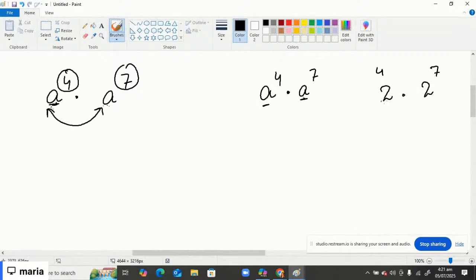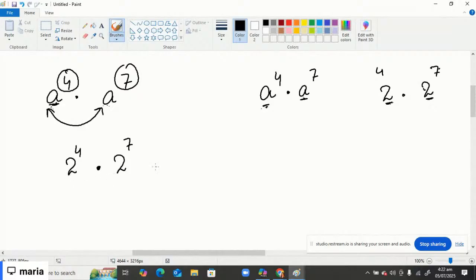Here they are just using some variable, and now I'm going to use some numbers. So here I'm going to write 2 power 4 dot 2 power 7. This dot shows the multiplication sign.